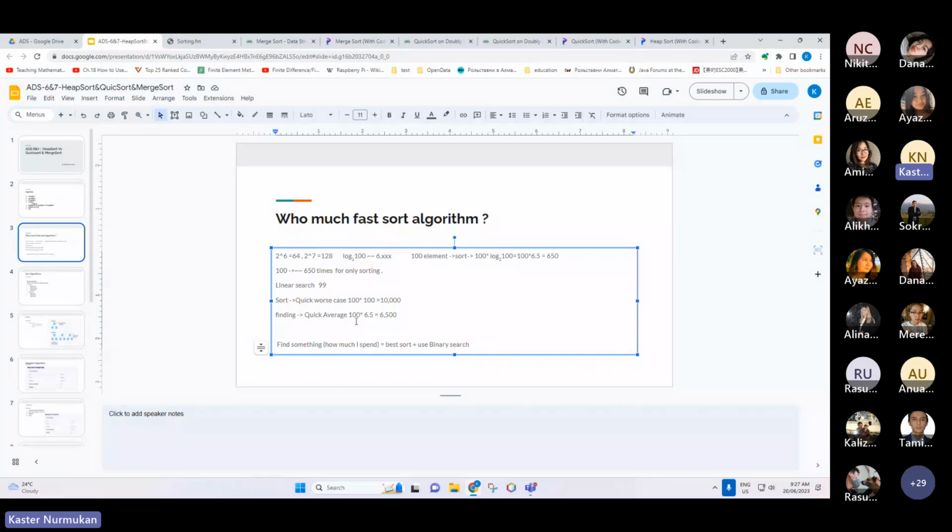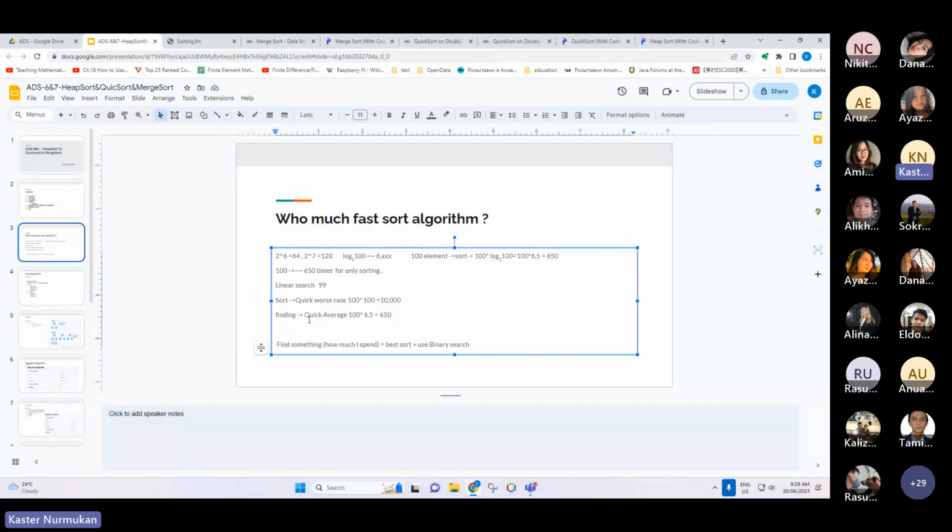So n is 100, log n is, oh no, hold on, not like this. 650, right? 6,050. So that's only the sorting, not finding it.